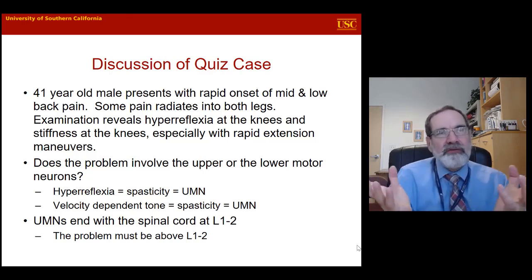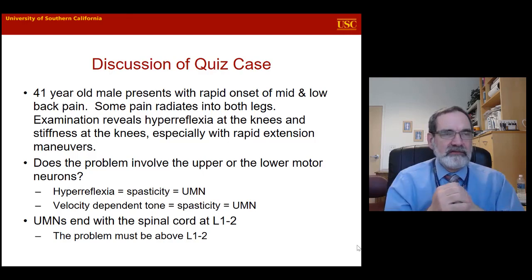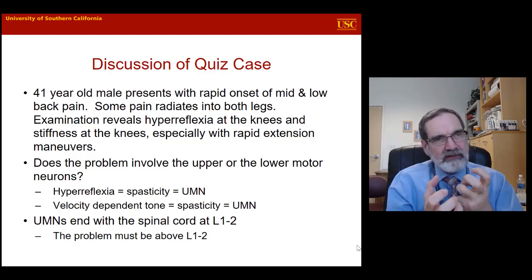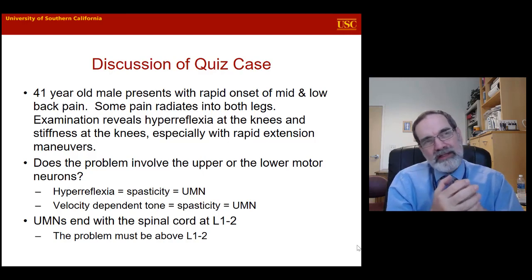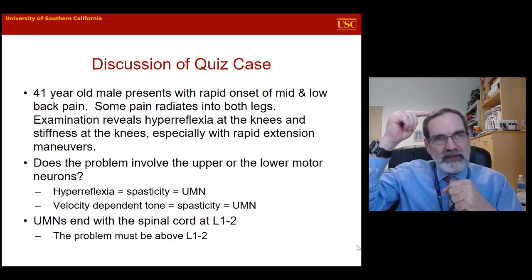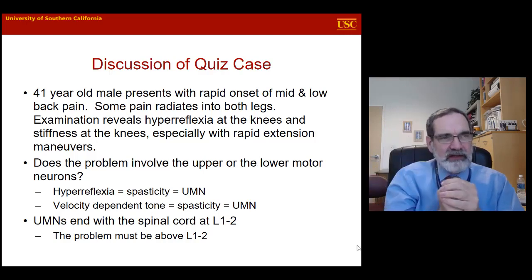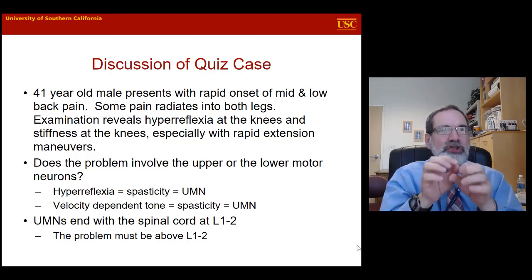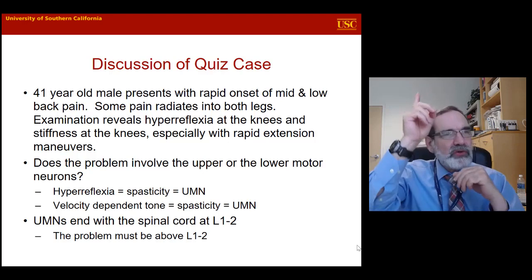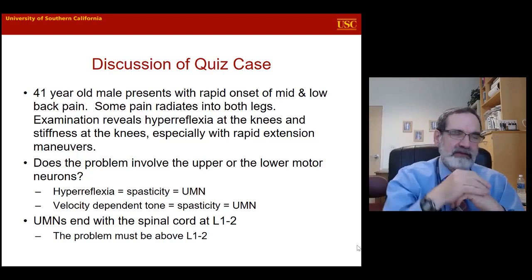An L4-5 herniated disc cannot cause true spasticity. Why not? Because if it herniates into the spinal canal, there's no spinal cord down there. The spinal cord ended up at L1, L2. When a disc herniates at L4-5, it's pressing on nerve roots that left the spinal cord several levels higher.